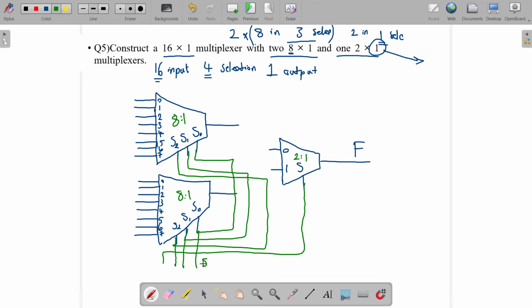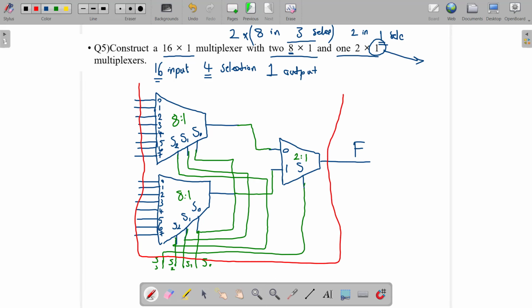So it means that here is S0, S1, S2, and S3 as the fourth selection line, and connect this one here and also connect this one here. Now using this concept, look at here, you can see that inside of this box we have one 16x1 multiplexer.